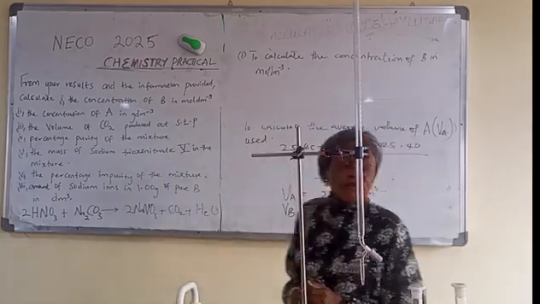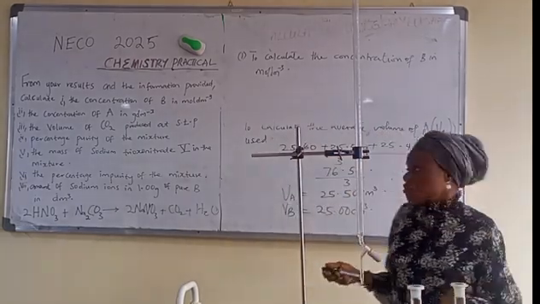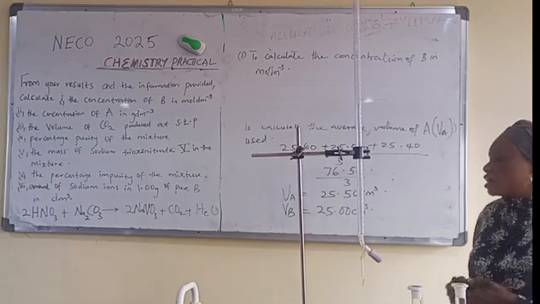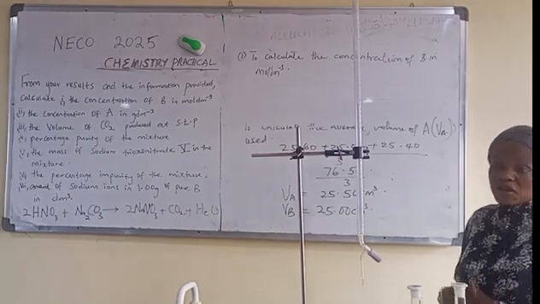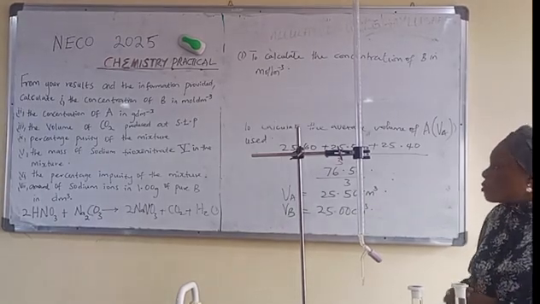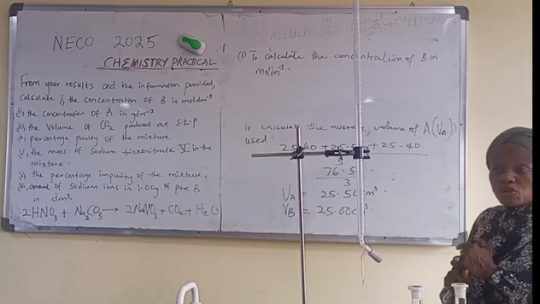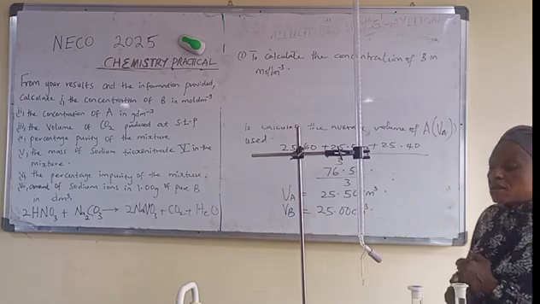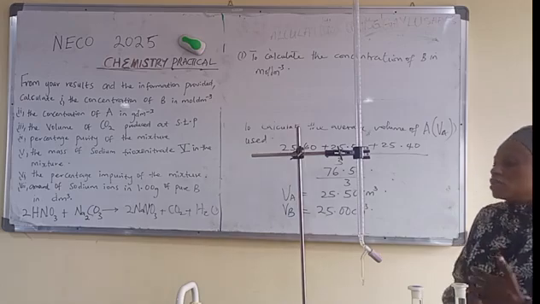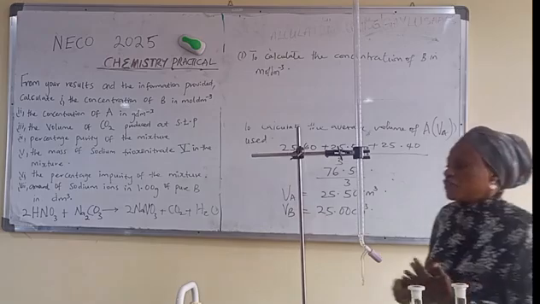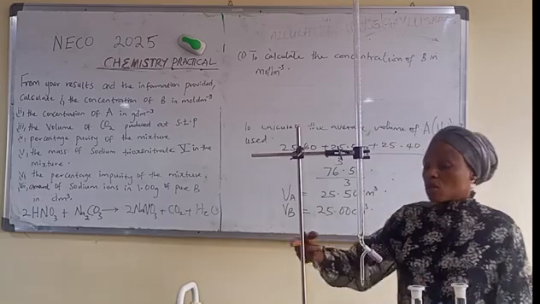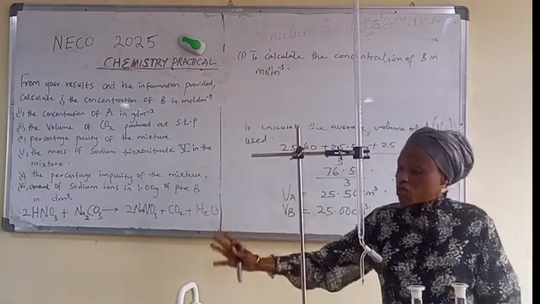We have two main formulae in titrimetric analysis, or volumetric analysis. Common formulae, we have other formulae, I'm not saying we don't have them. But the two important ones: the first one is the mole ratio, CAVA over CBVB equals NA over NB.